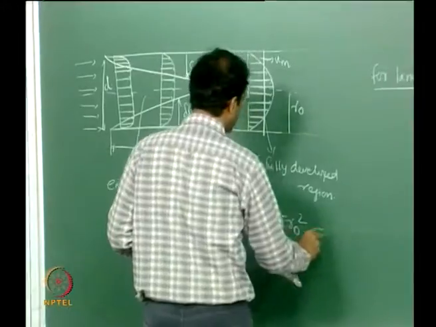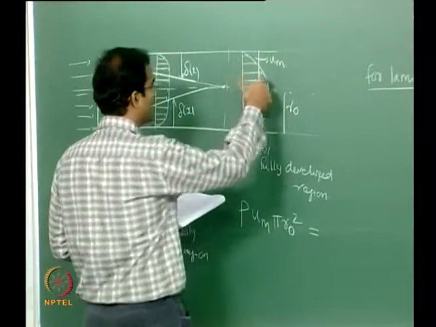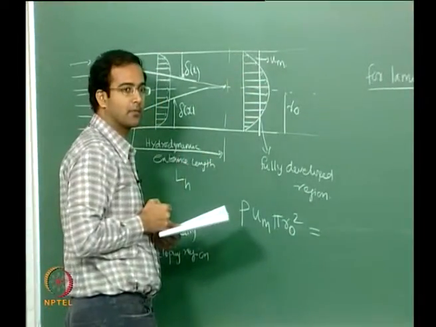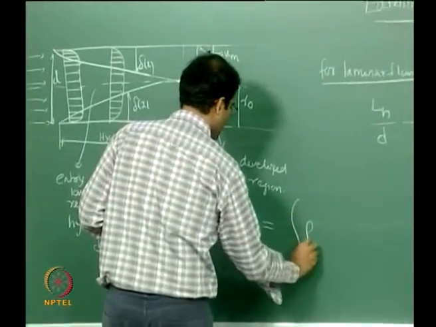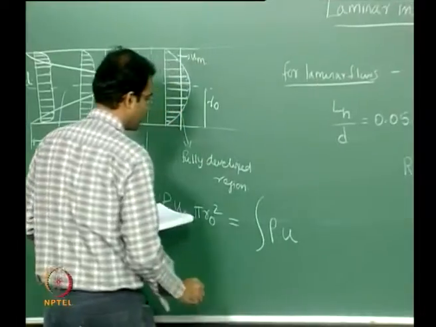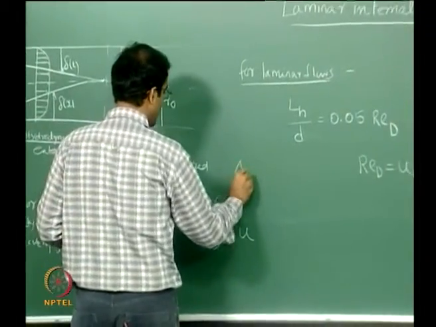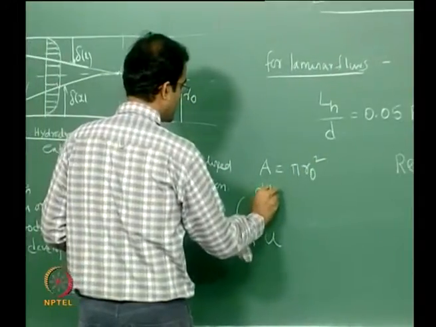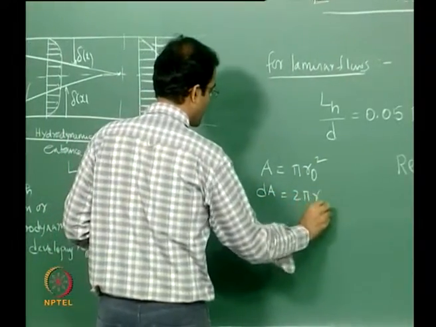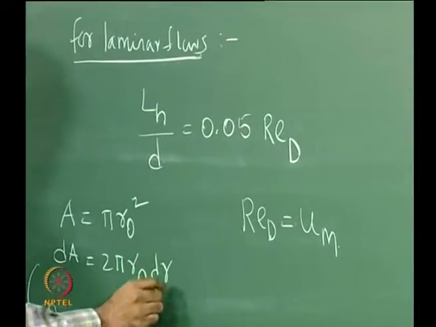So this should be equal to the flow rate obtained with this particular parabolic profile. So that is rho into u into, now if you say area is equal to pi r naught square, my dA will be equal to 2 pi r dr.